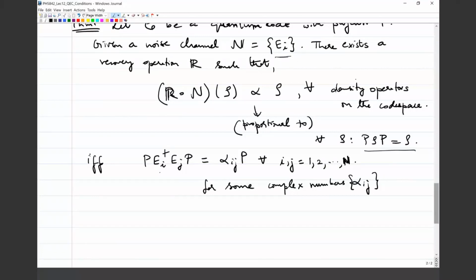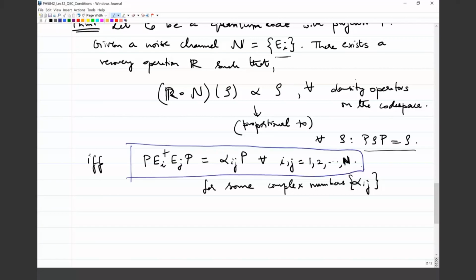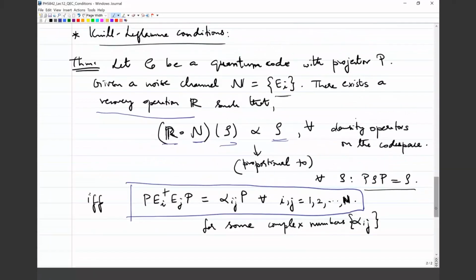But so long as these error operators satisfy this algebraic condition, we're going to show that there will always exist a recovery operation such that after the action of the noise followed by the recovery on any state on the code space, you get back the same state up to some overall factor. Okay, is the statement of this theorem clear? Any questions?